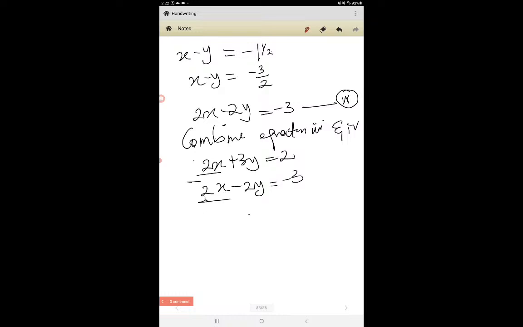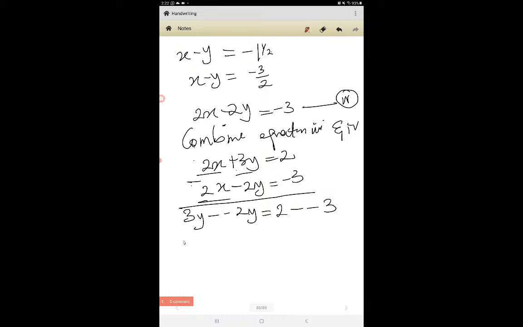So therefore, 2x minus 2x will give you 0. Then 3y minus minus 2y is equal to 2 minus minus 3.